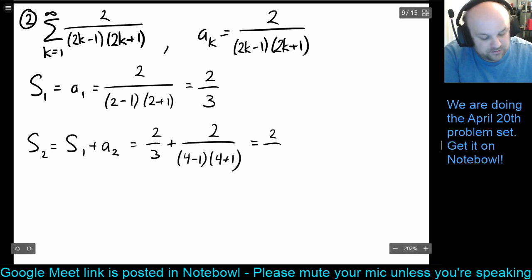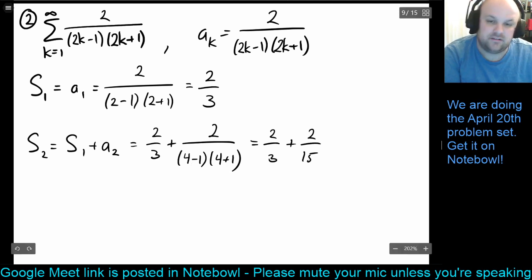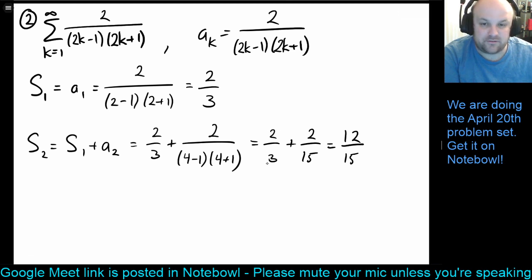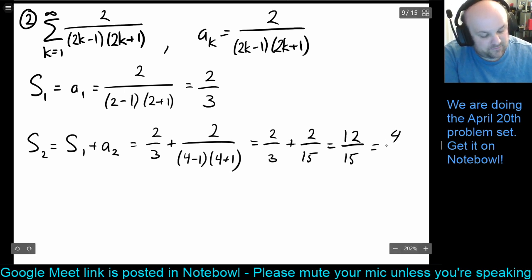So that's 2/3 plus 2 over 3 times 5, so 2 over 15. We combine those together with a common denominator. That's going to give you 12 over 15, because this is going to be 10 over 15 here, plus the 2 over 15. And let's simplify this so we can divide the top and bottom by 3, and we get 4/5.